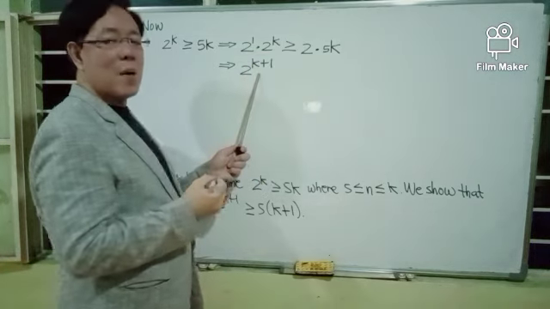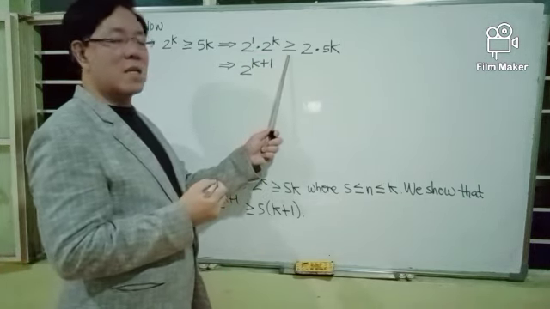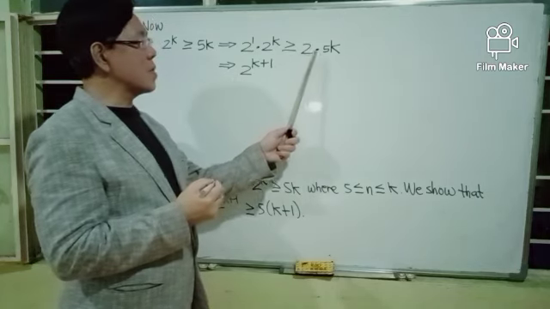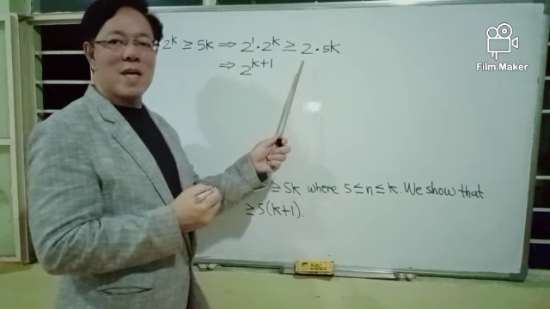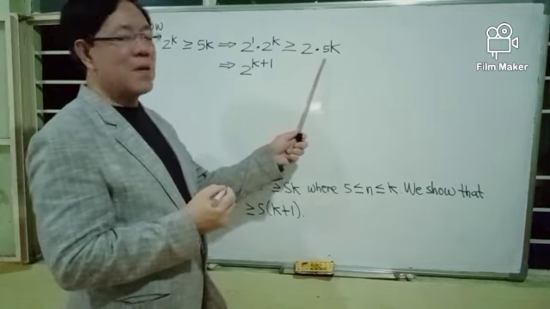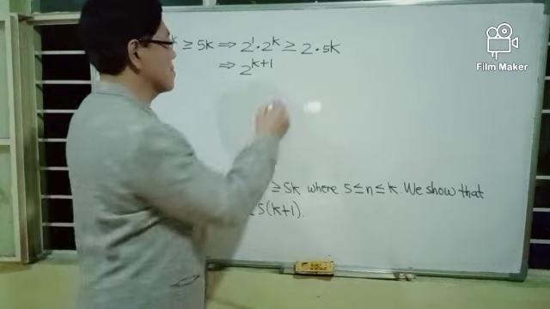And 2 to the power k plus 1 is greater than or equal to 2 multiplied by 5k, or 10k. 2 multiplied by 5k is 10k.